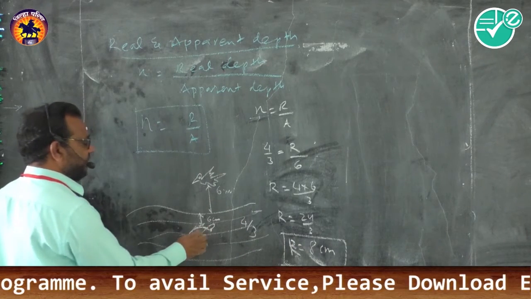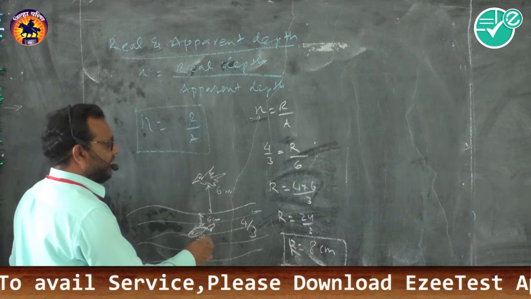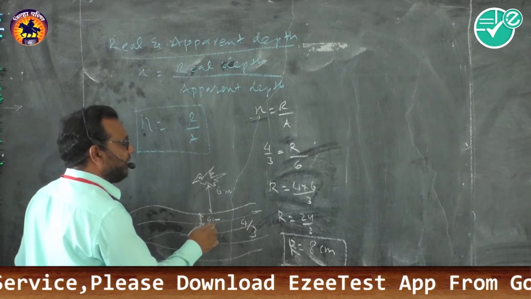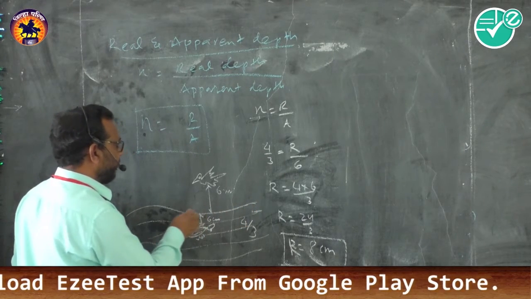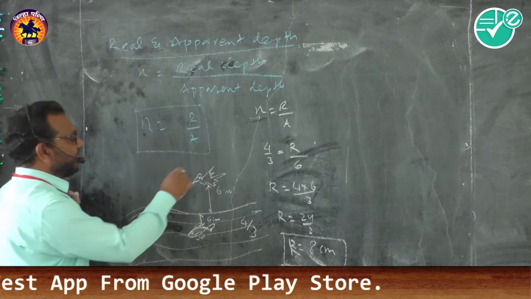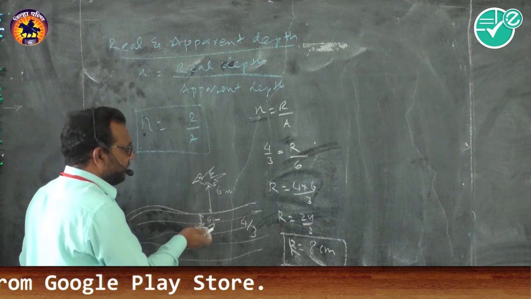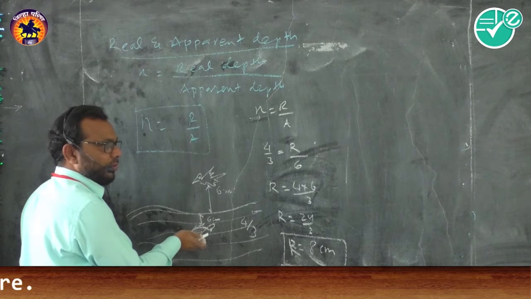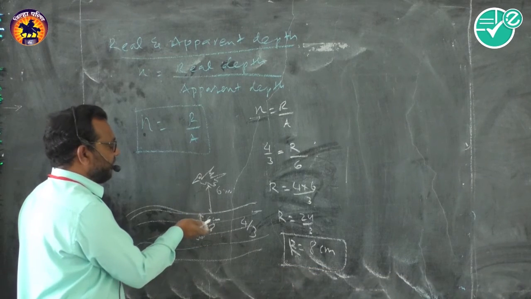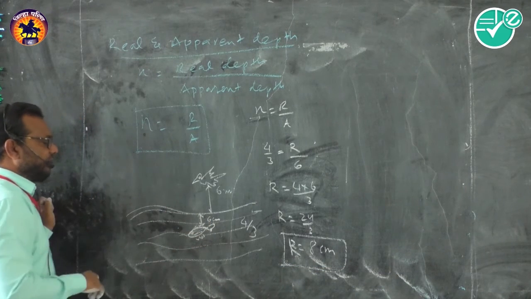So the real depth of this fish inside the water is actually 8 centimeters from the surface of the water, but it looks just 6 centimeters below the upper surface because of the refraction of light.